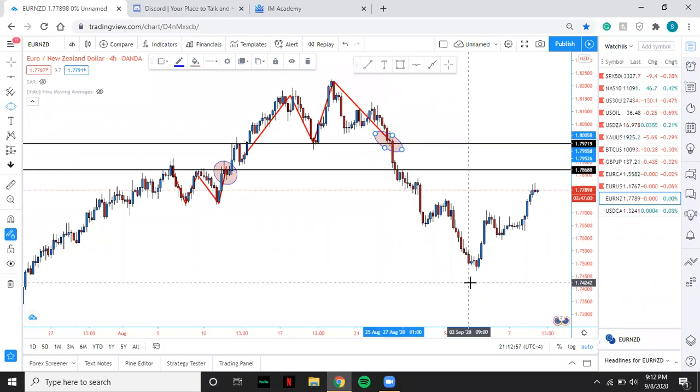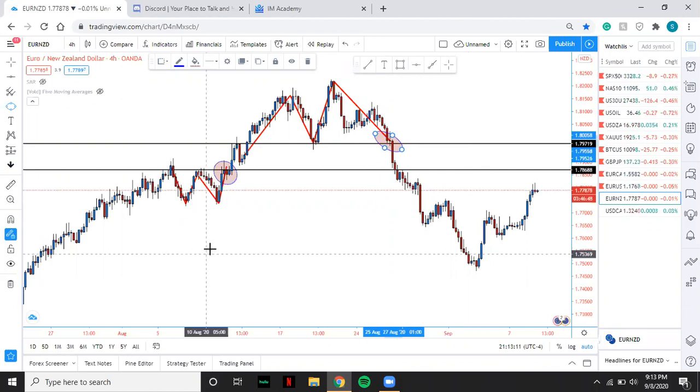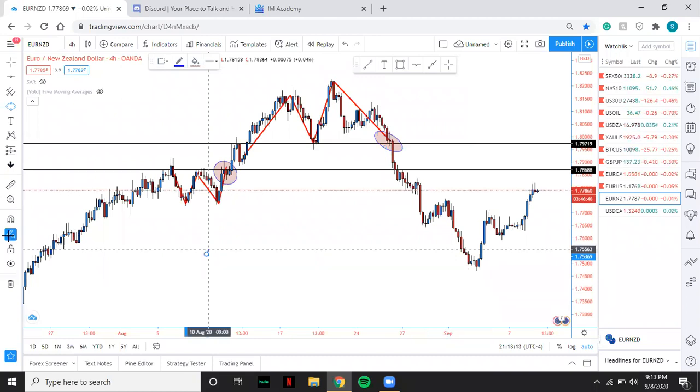If anybody is lost in this simple strategy that I just taught you, please let me know right now. No questions? Well, let's keep looking for M's and W's.